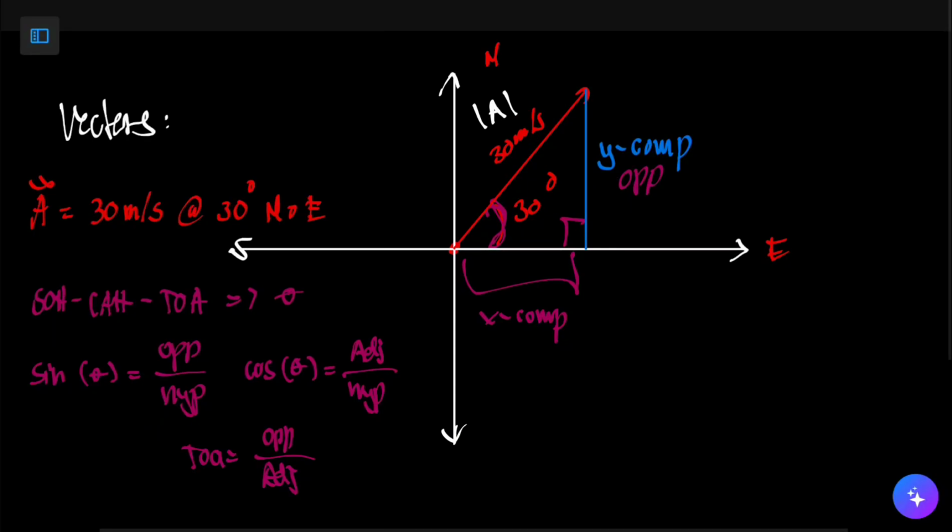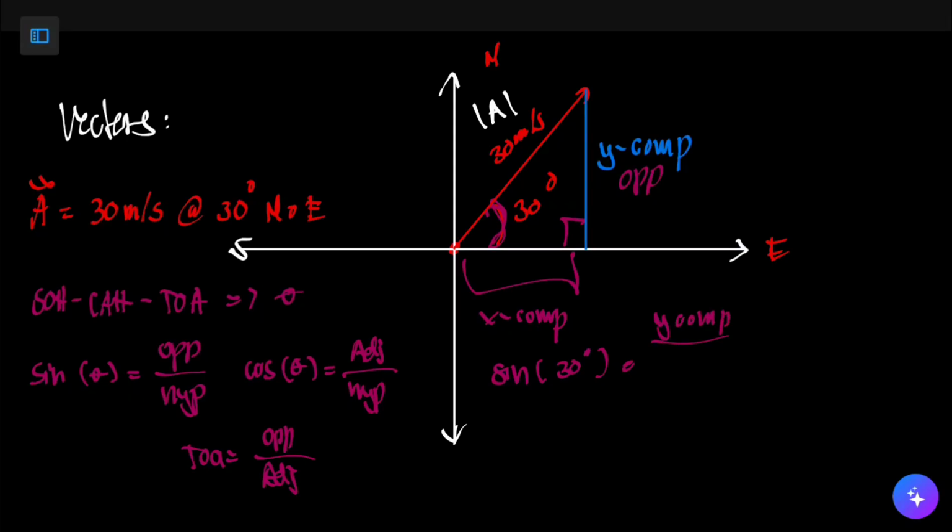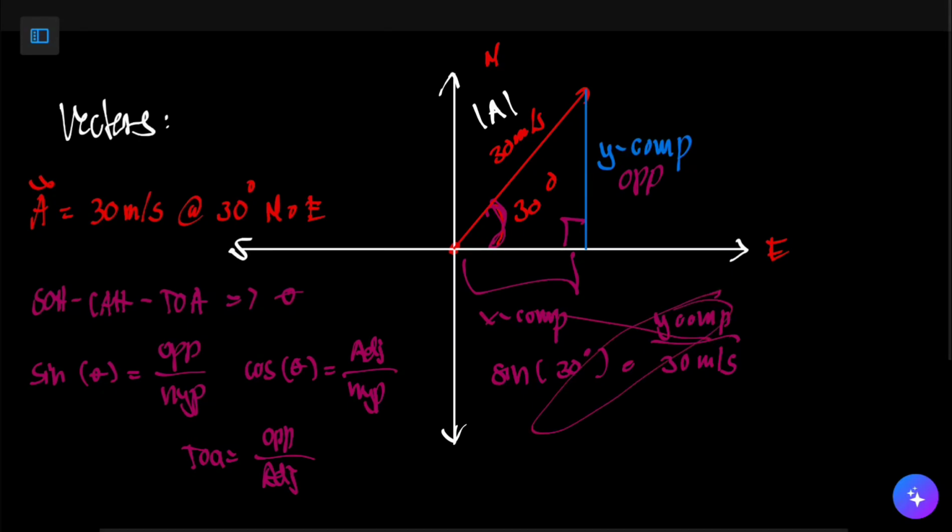So, the sine of the angle, which is 30 degrees, sorry, is equal to the opposite side, which is your y component, over your hypotenuse, which is 30 meters per second. With basic cross multiplication, we can isolate this one because we're trying to look for it.